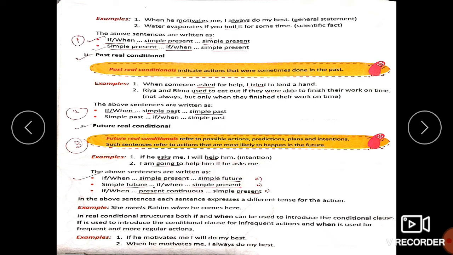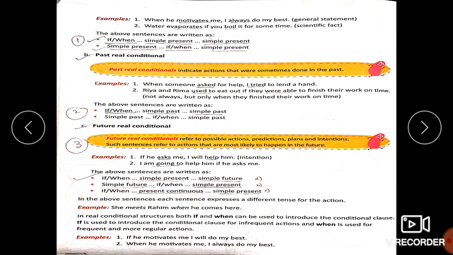These above sentences are written in the structure if or when plus simple present plus simple future. Simple future, if or when, simple present. If or when, present continuous, simple present. These are the few structures that we follow. Present continuous, I will tell you, is hardly followed.